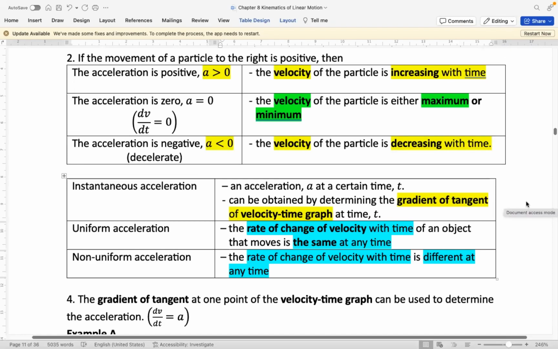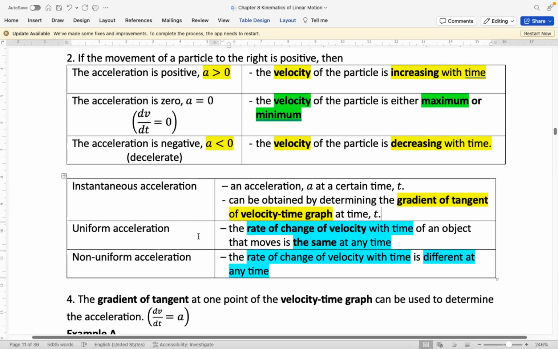Instantaneous acceleration is the acceleration at a certain time. If the question asks you to find the instantaneous acceleration when t equals 5, you just substitute t equals 5 into the acceleration function. It can be obtained by determining the gradient of the tangent of the velocity-time graph. We will see this later.